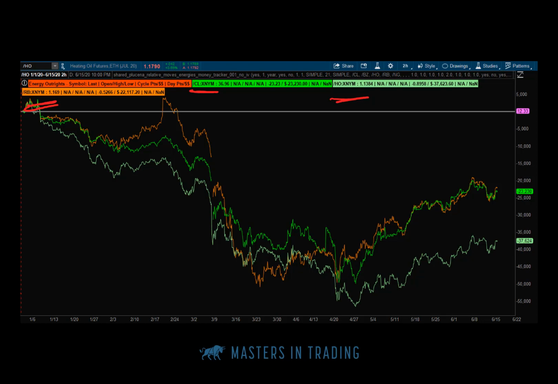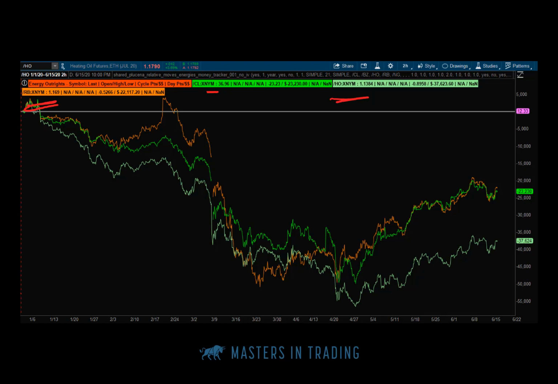Now, sure, because of basic supply and demand, the 3 products could separate like they did here. But over time, they're going to come back together. At least historically they have. These products are derived from one another. Heating oil is from crude oil. RBOB is from crude oil. So when we're looking for trades, we can use these 3 products.